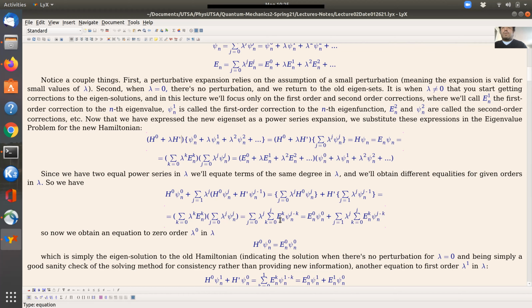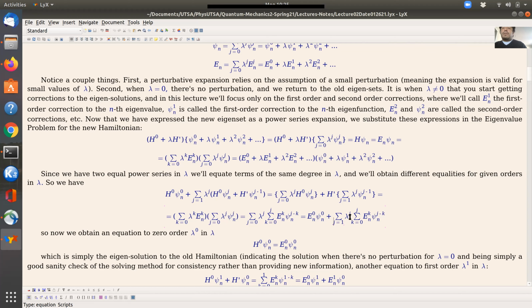This is just another way to make multiplications of series. You may have seen this in your class of ODEs, or, if not differential equations, perhaps in methods of mathematical physics or a class like that. So this is the way to multiply series. And again, there's going to be one single term that does not depend on lambda.